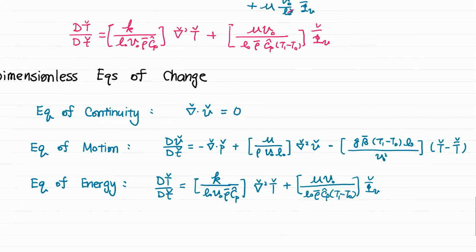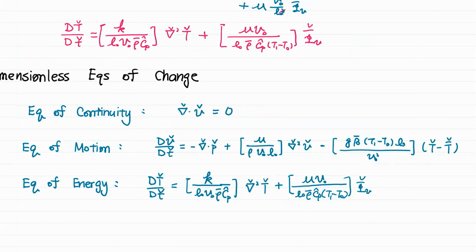Okay, so you can see that when everything is changed into dimensionless form, we have some interesting coefficients in the equation of motion in the brackets, right? The brackets have some coefficients that must also be dimensionless groups.